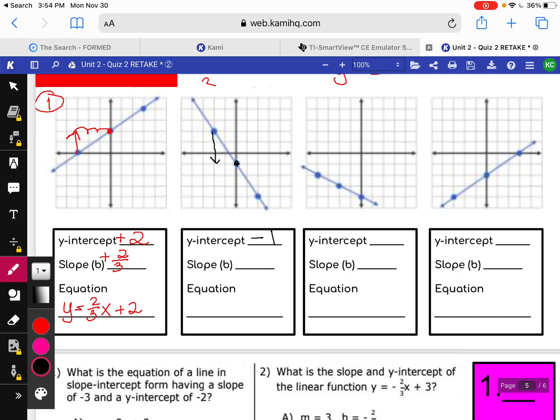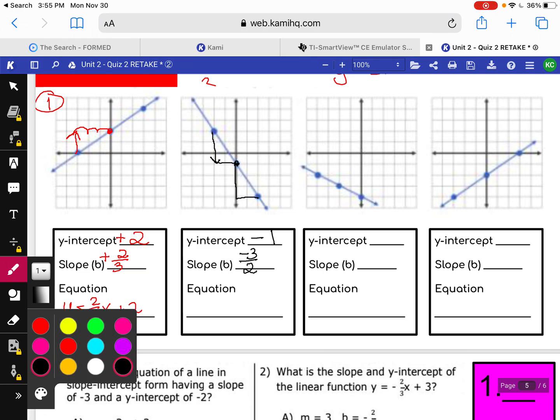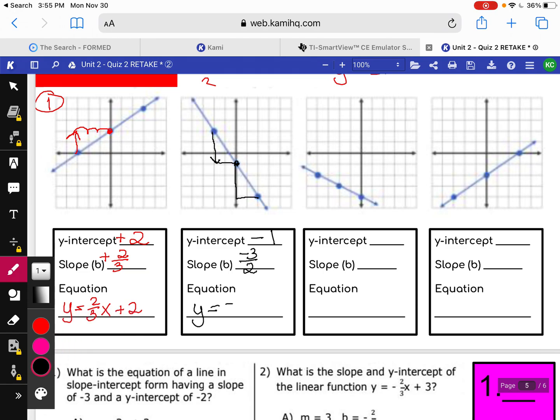I have to move down 1, 2, 3, run 2. Down 3, run 2. It's a negative slope. Y equals -3/2 x minus 1. Whoops, don't let me forget the x.